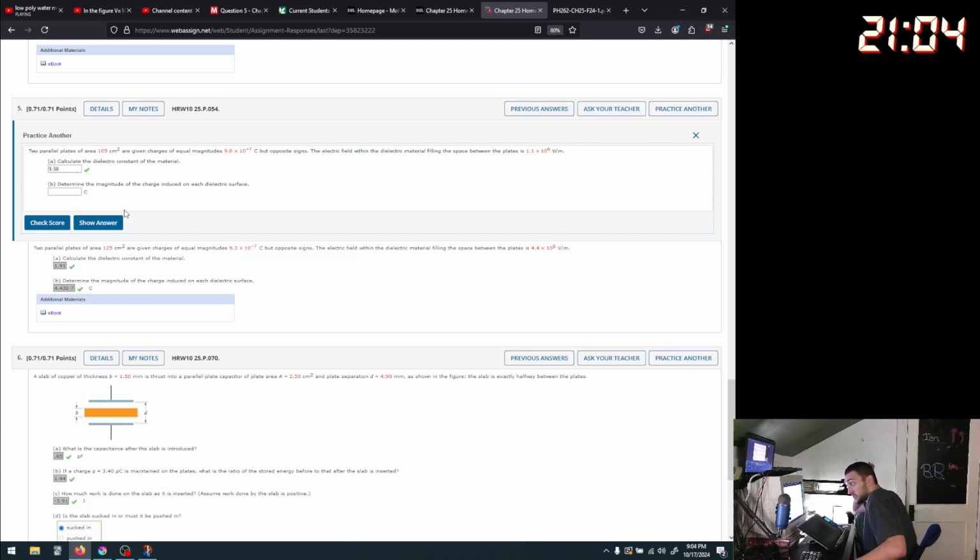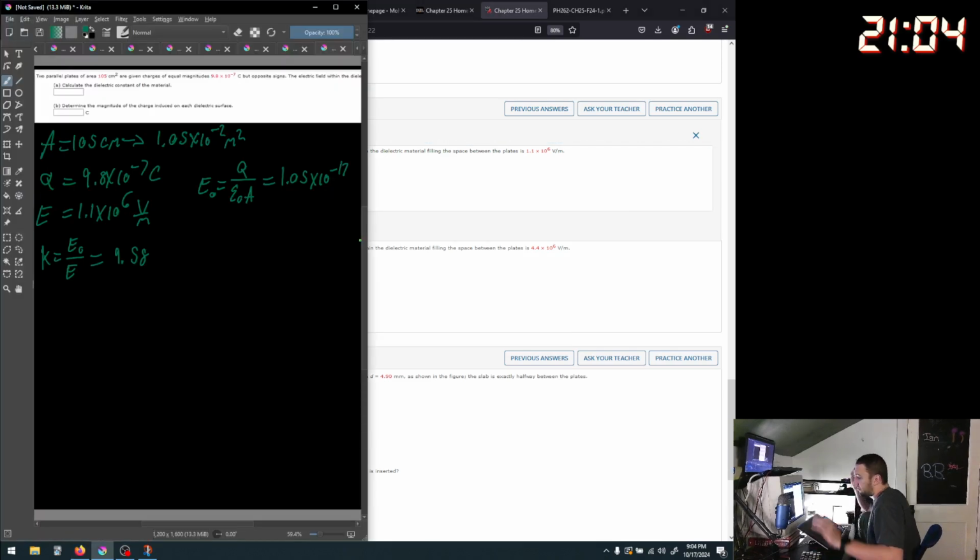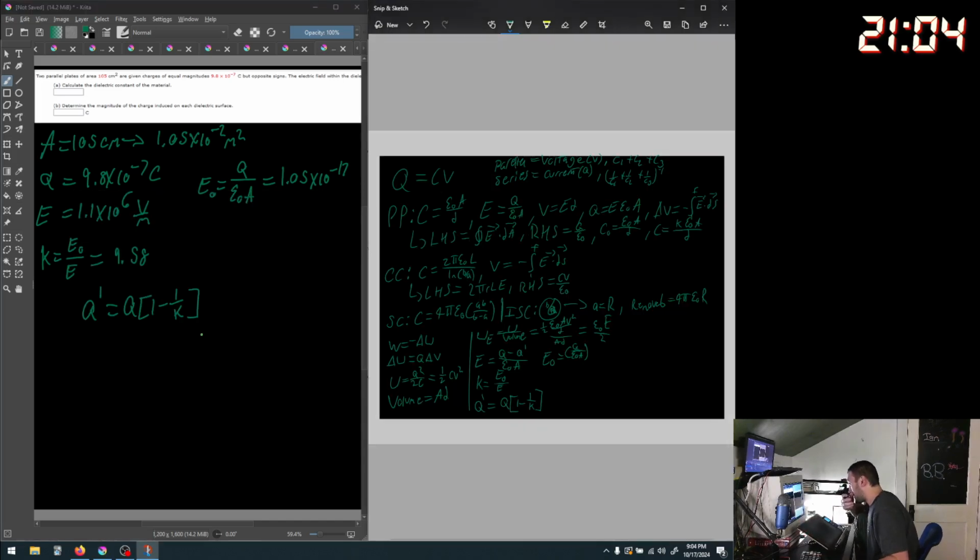And determine the magnitude of the charge. This is going to be Q prime. Q prime equals Q times 1 minus 1 over K. Am I right? Yeah. So Q here is going to be 9.8 times 10 to the negative 7.